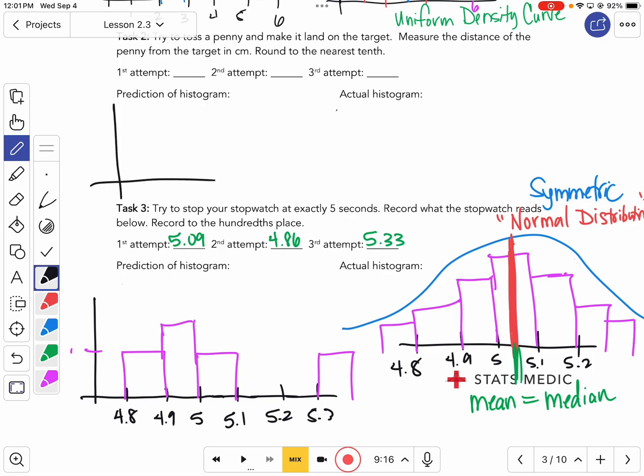So let's say we have one that looks like this, a distribution, all right? That looks like that. What would we call that one? Skewed left or skewed right? Skewed right, okay? We would call this one skewed right. And one of the crazy things about things being skewed right, all right, is that the median is going to always come first.